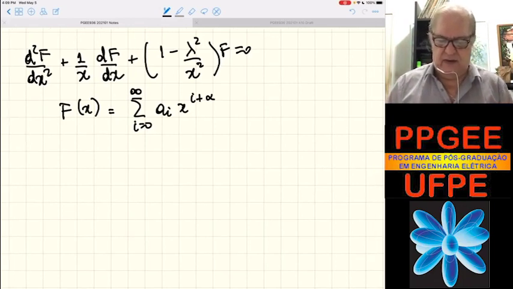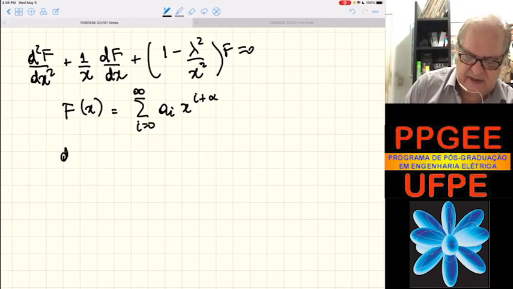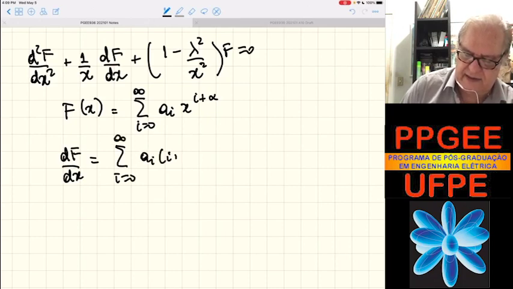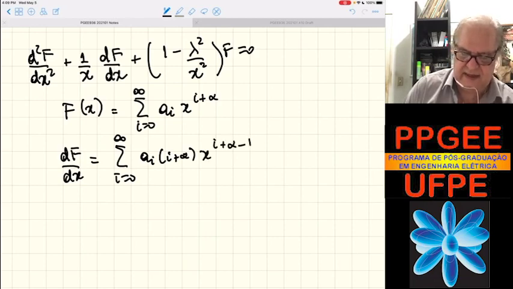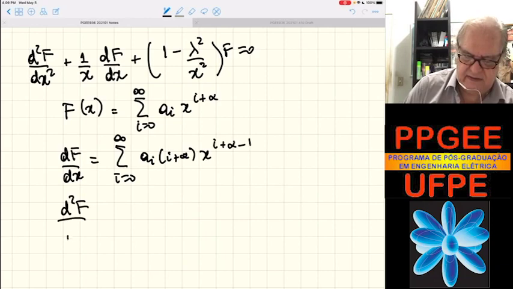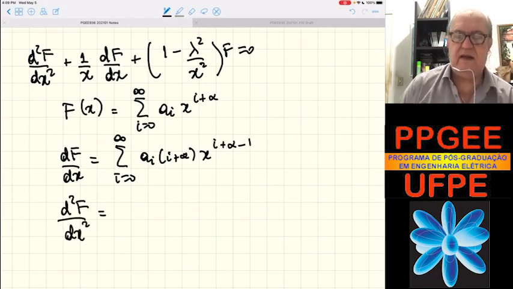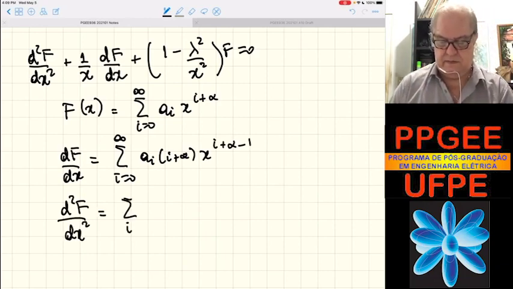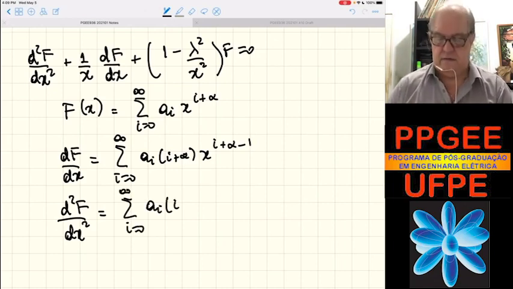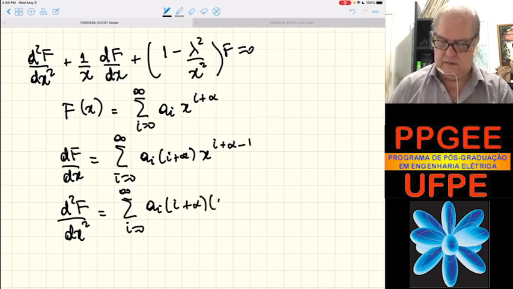So when we do that, the first derivative becomes the sum of (a_i)(i plus alpha) x^(i+alpha-1), and the second derivative is going to be something like this, right?